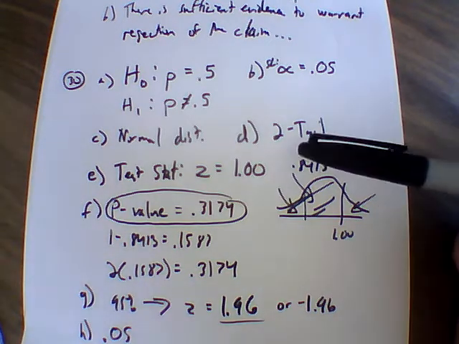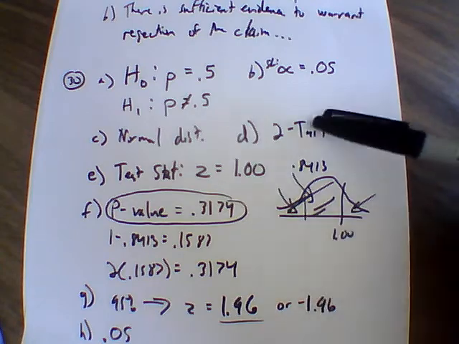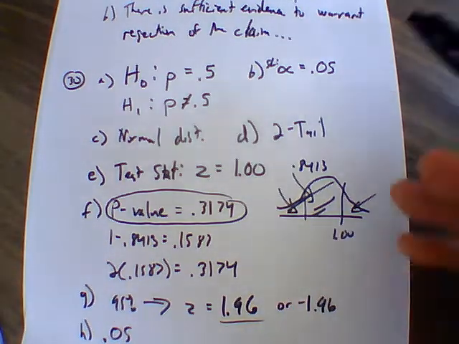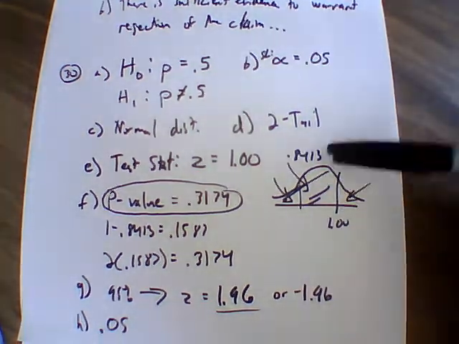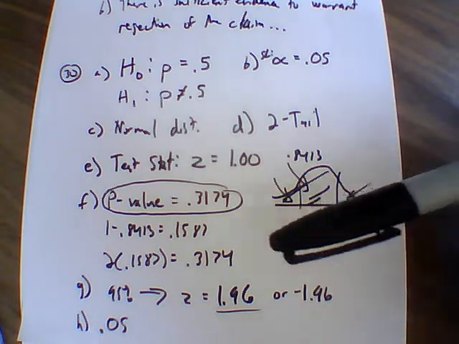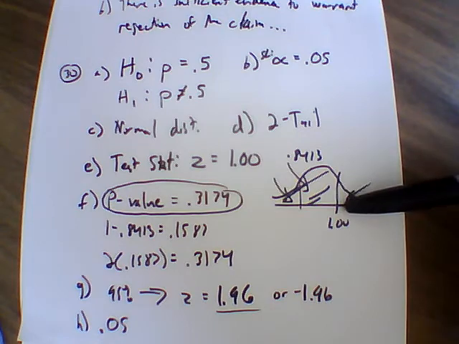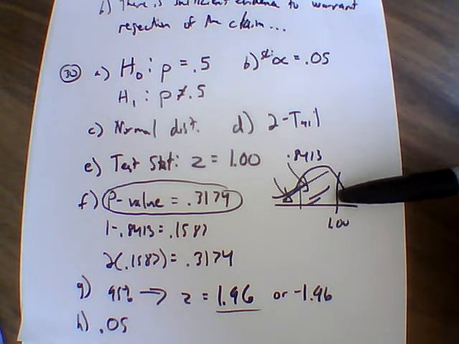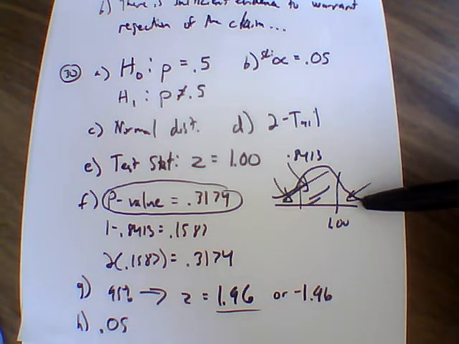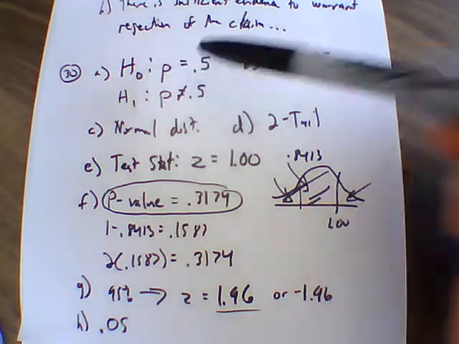Now, once again, we won't be doing the critical value and the p-value for everything. We'll be going one way or another. But as you're considering this, you really have to realize that 1.96 would be here, so our test statistic is not in that critical region. So that means that we would fail to reject.